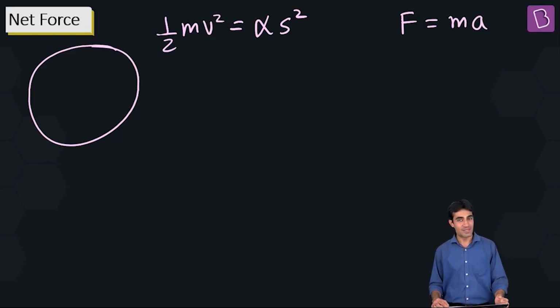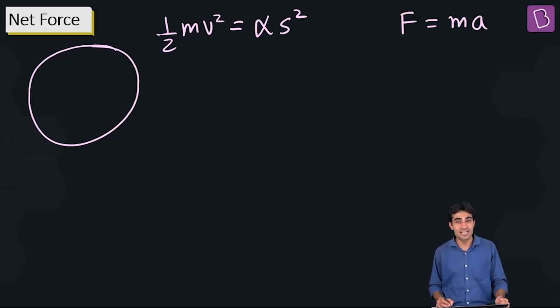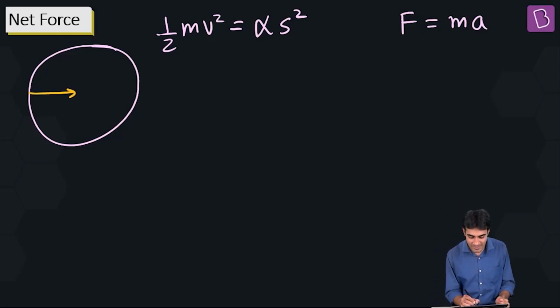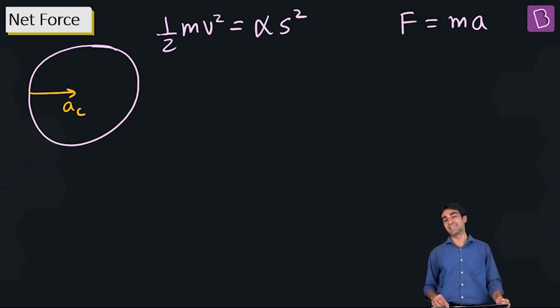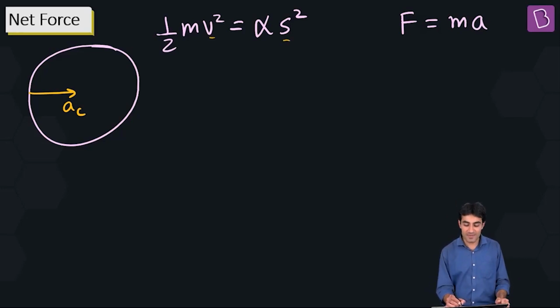Well, great. Now, how do we get the acceleration of the particle? Well, we can see the particle is moving in a circle. So it must have some centripetal acceleration, isn't it? We will call it AC. Now, is there any tangential acceleration of the particle? You will say, well, the speed is varying with distance.